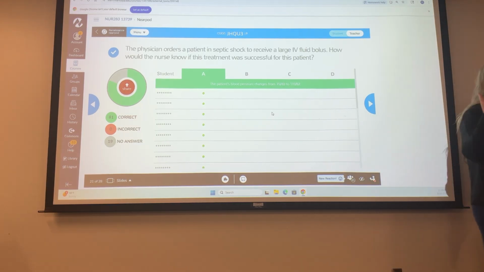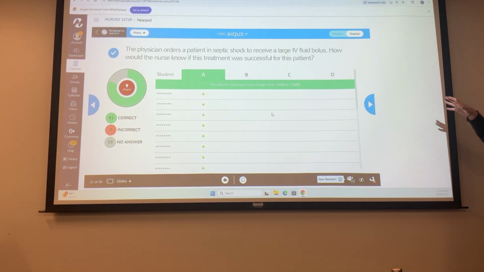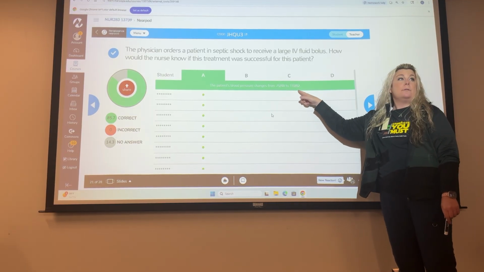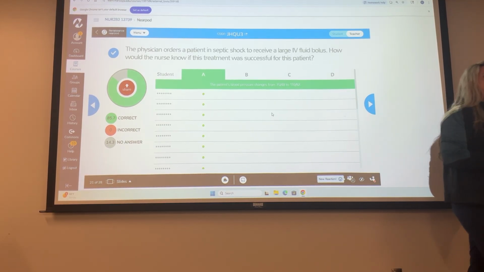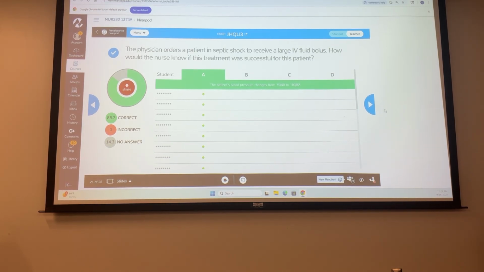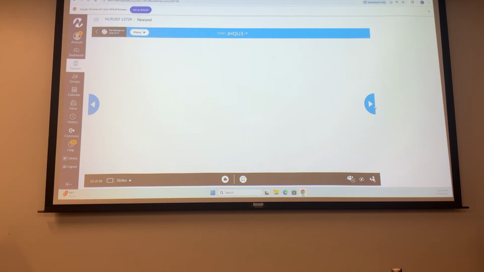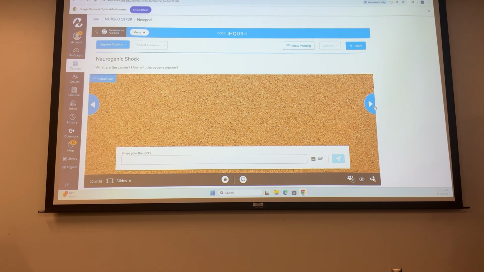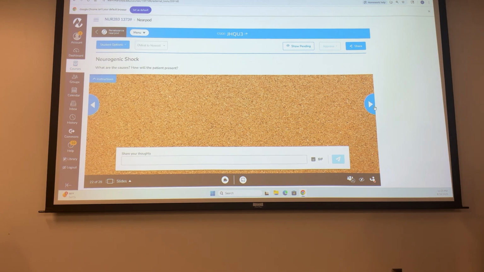If you did the calculation, would my MAP be better? It absolutely would. So we know the MAP has gone up because we gave them a fluid bolus. Again, make sure you're understanding how to evaluate if your interventions worked.